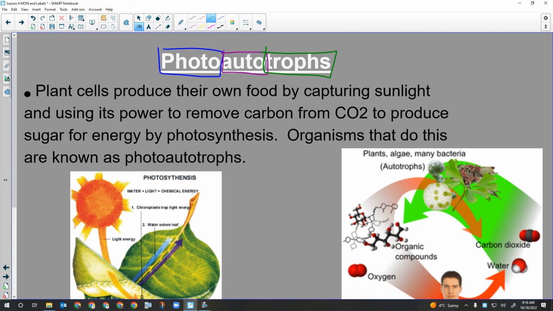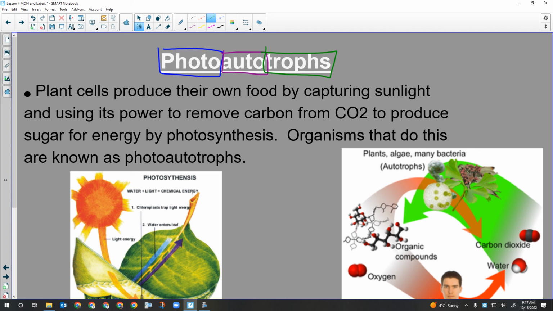Photoautotrophs take the carbon dioxide and water that is produced by animals and fungus and whatever else, and convert it back into plant material and glucose. Of course, if they get eaten, that can be released. That's what we call the carbon cycle.